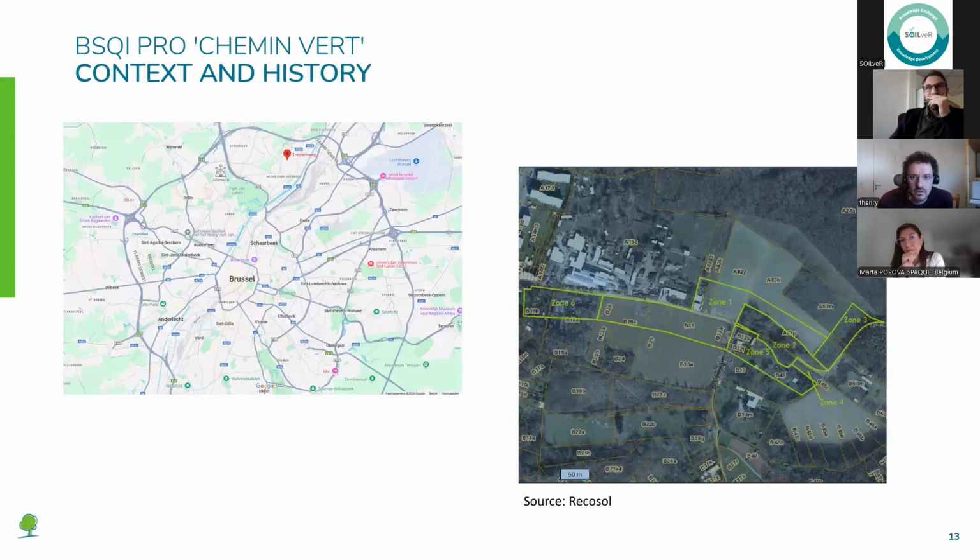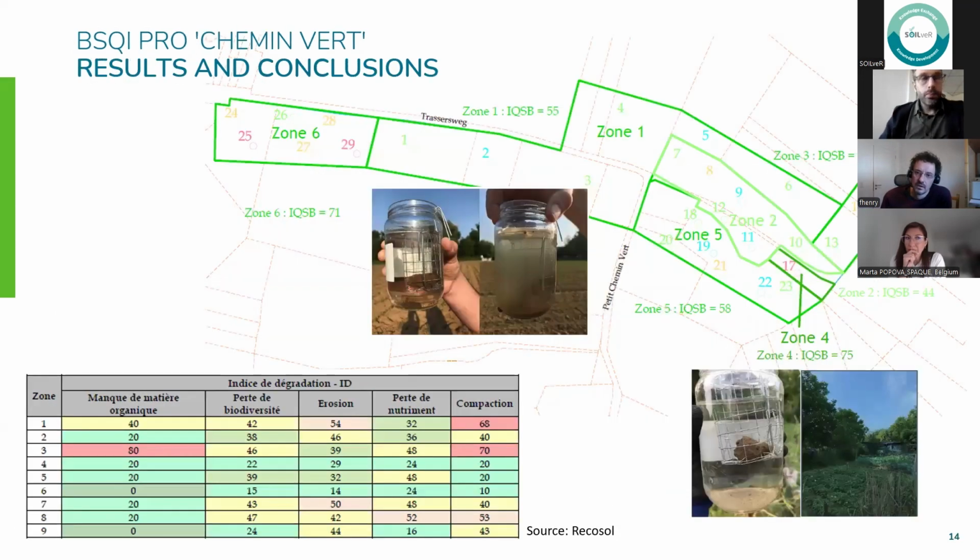The second site is located to the north of Brussels. It consists of four plots of land, mainly covered by crops or by vegetation. What's the interest of the BSQI in this context?